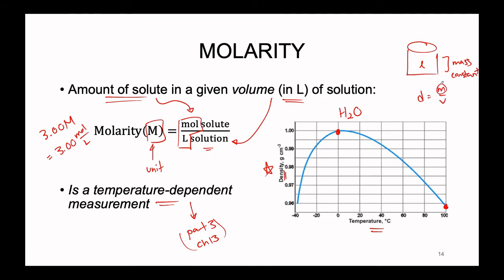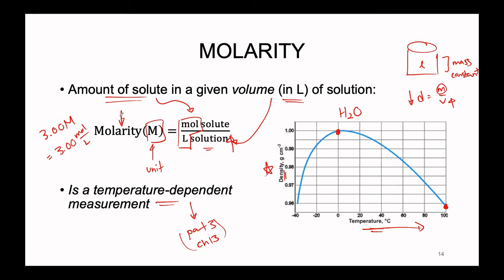So if our mass is remaining constant, and yet we can see as we increase temperature from 0 degrees C to 100 degrees C, our density is falling, well, we can ascertain that this must be because the volume of our solution is increasing. Well, if the volume of our solution is increasing, then that must mean that the liter measurement in our molarity equation down here is also increasing, which means the overall molarity is going to be decreasing.